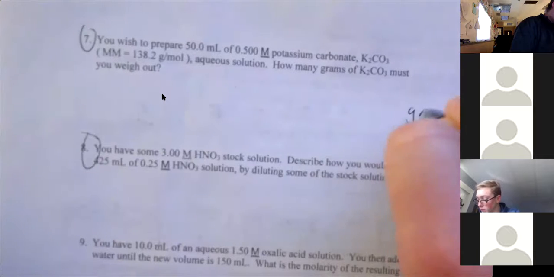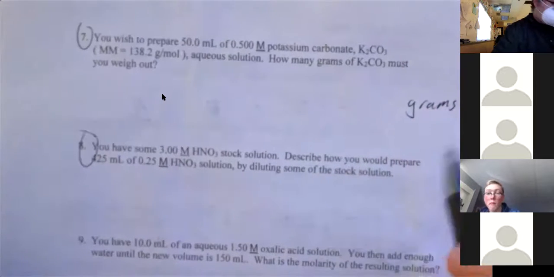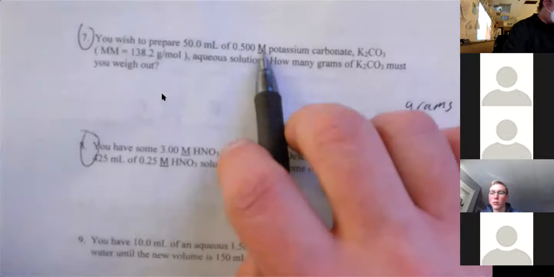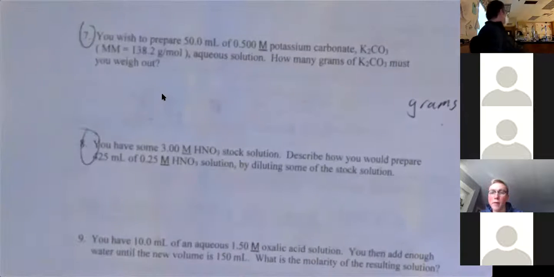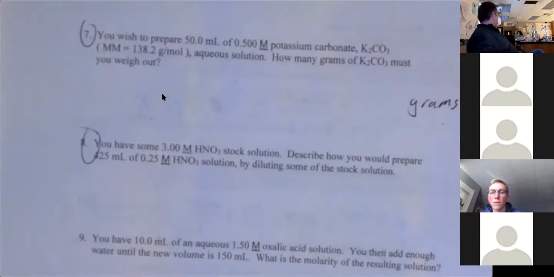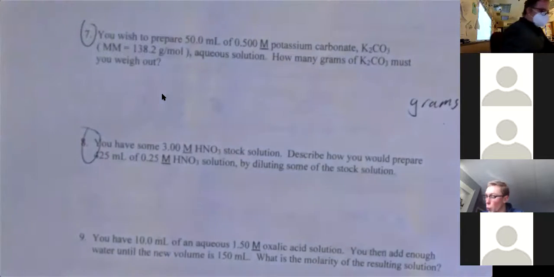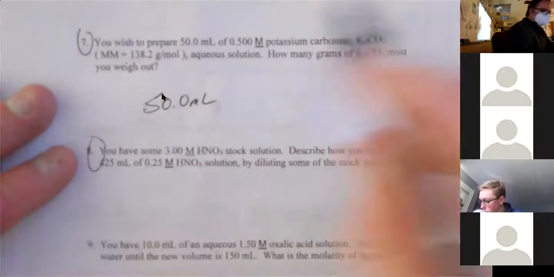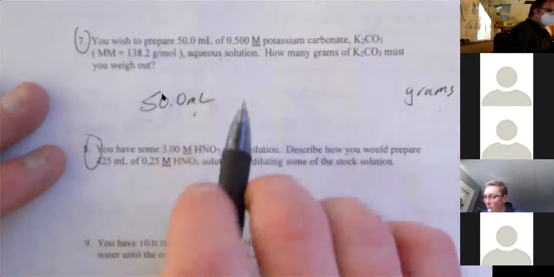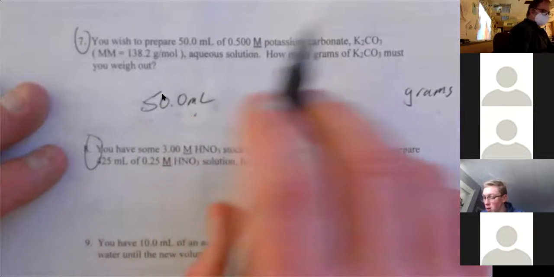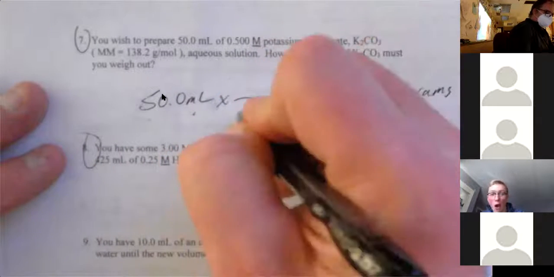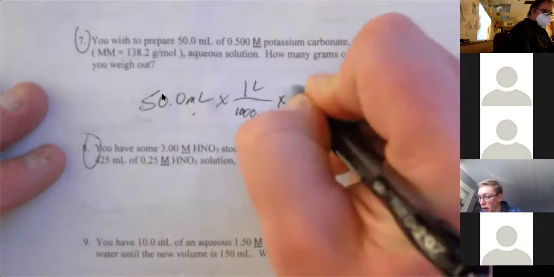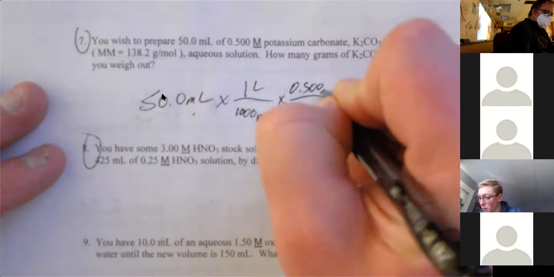So we want to know grams. Again, this is 1 unit. So we must start with 1 unit. 50 or 0.5? Which one of those has 1 unit? 50 has 1 unit. It's milliliters. We need to change from milliliters to liters, liters to moles, moles to grams. Every 1,000 milliliters, 1 liter. Every 1 liter is 0.500 moles.